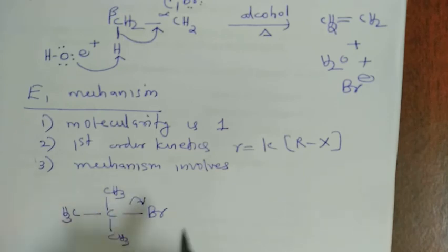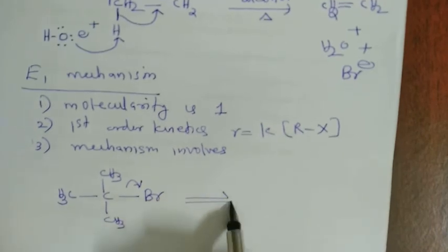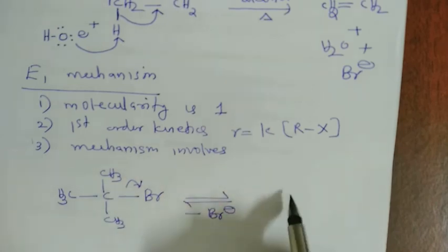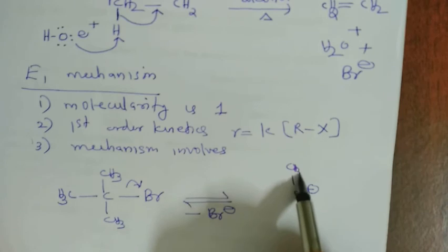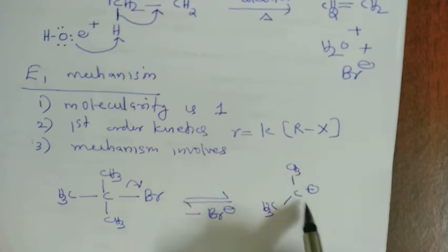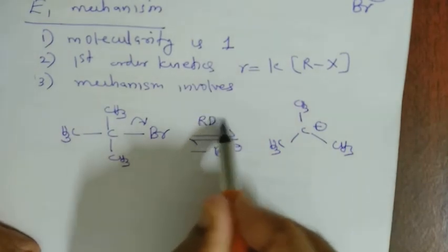For example, dehydrohalogenation of tertiary butyl bromide. First step, heterolysis of carbon-bromine bond to form a carbocation intermediate, that is a tertiary butyl carbocation. It is a rate determining step.